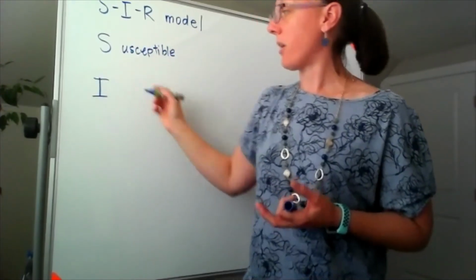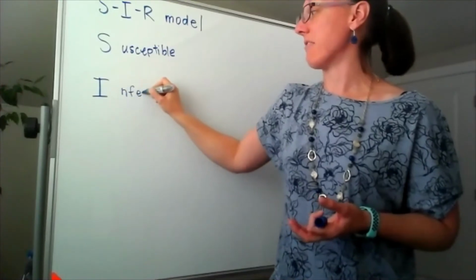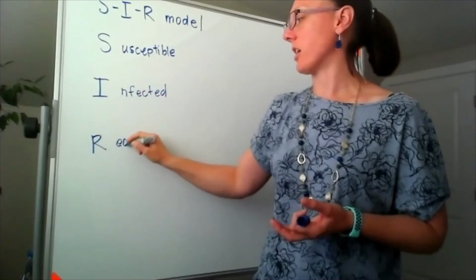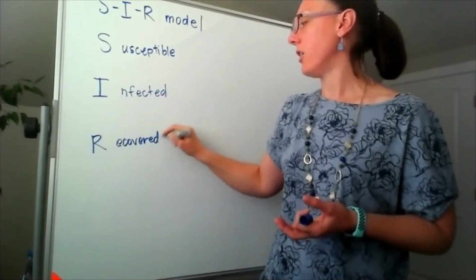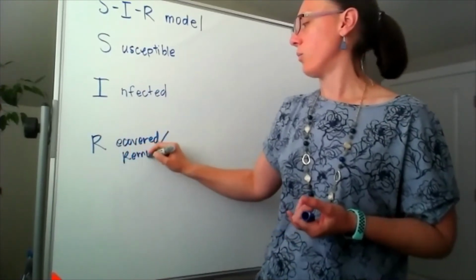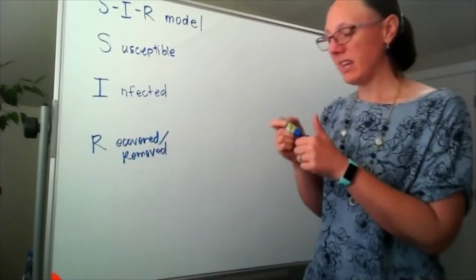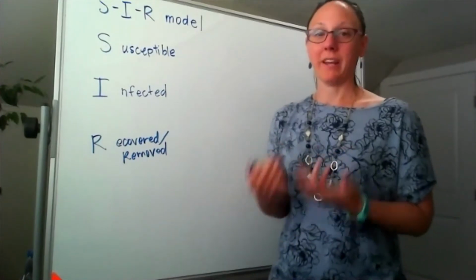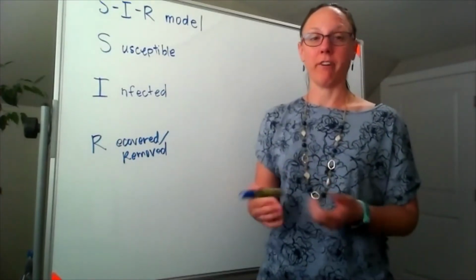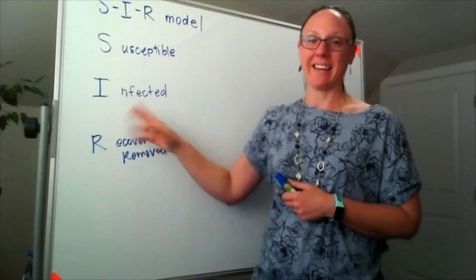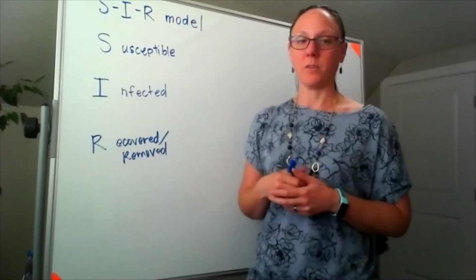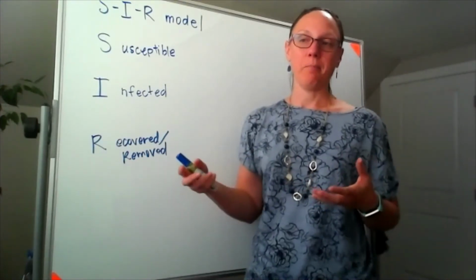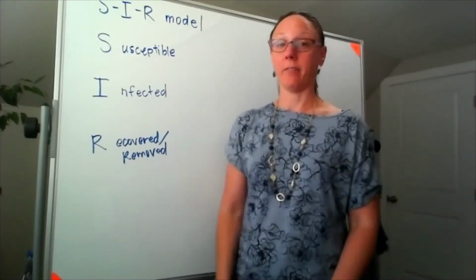We have some part of the population that already is infected, and some part of the population that is recovered or removed. Now, we don't like to think about the grim reality of this, but if it's a disease that you couldn't recover from, then we say removed because that individual has died. So R can either stand for recovered or removed, depending on what particular model you're looking at.